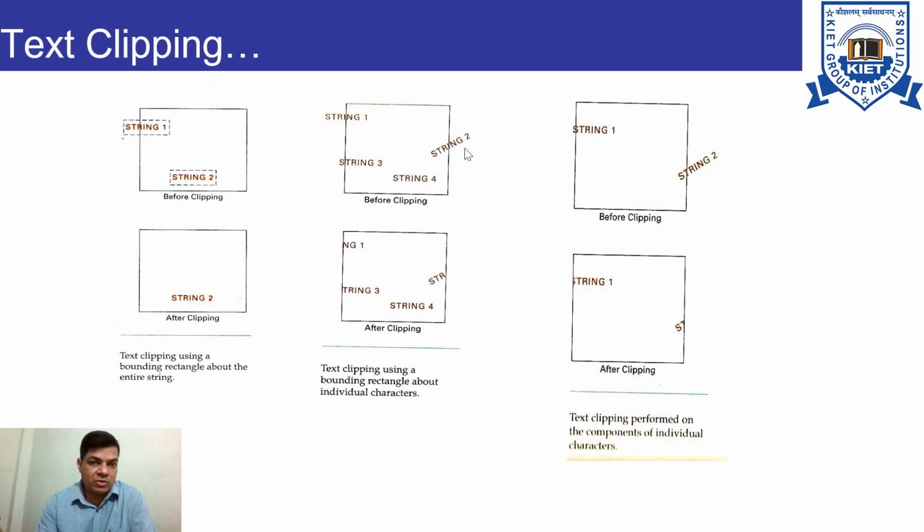So the portion which is outside or on the clipping window, we are not keeping, and we are completely ignoring that portion. In this case you can see that half of the character is inside the window and half is outside the window, so we will keep the half character inside the window for display, and similarly the same for string 2 as well.